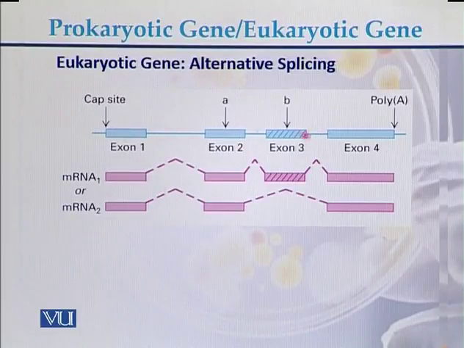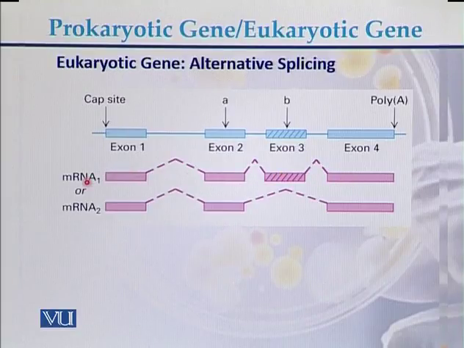This is the sequence of the gene where we can see exon number 1, exon 2, exon 3, and exon 4. In the first messenger RNA, which is produced from the DNA, all 4 exons are joined with each other: exon 1, exon 2, exon 3 and exon 4.